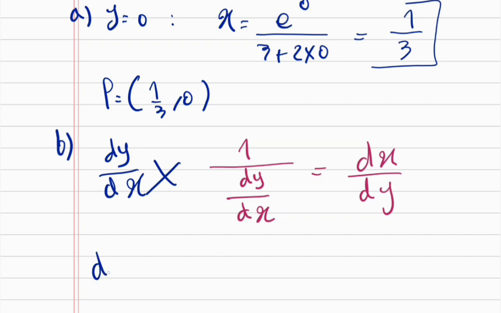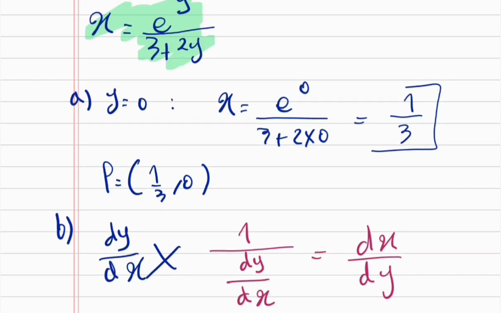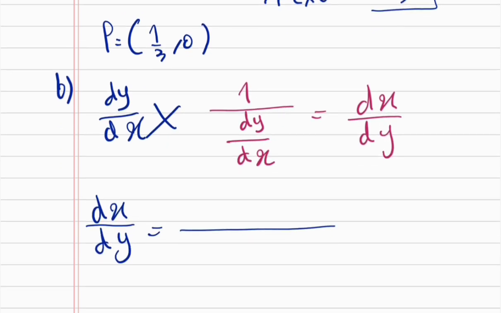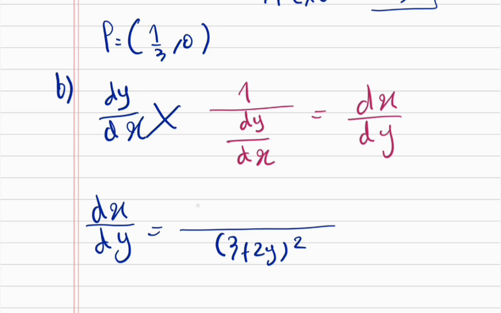So dx dy is equal to, as usual, the quotient rule, and by this time you should be comfortable with the formula. We square the denominator, which is 3 plus 2y squared. That's the first step. Then we write down the denominator function times the derivative of the numerator function.